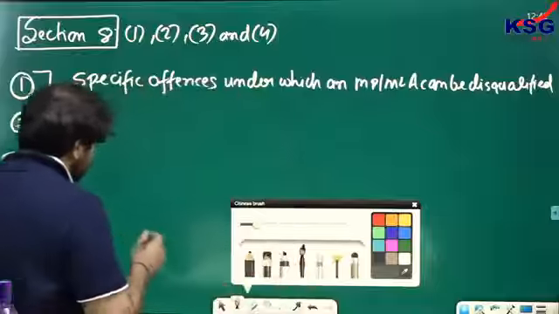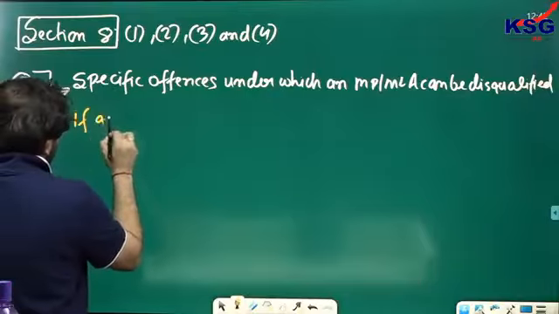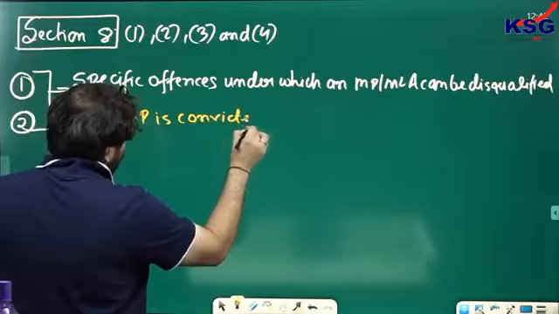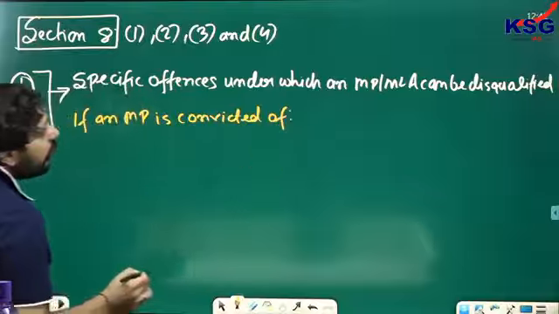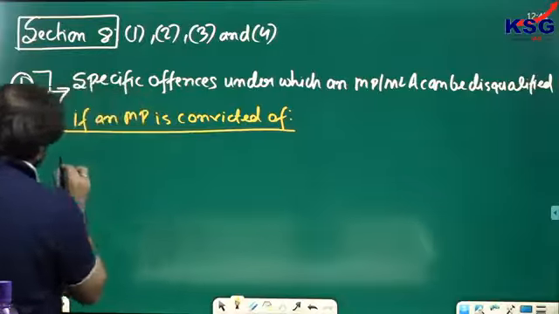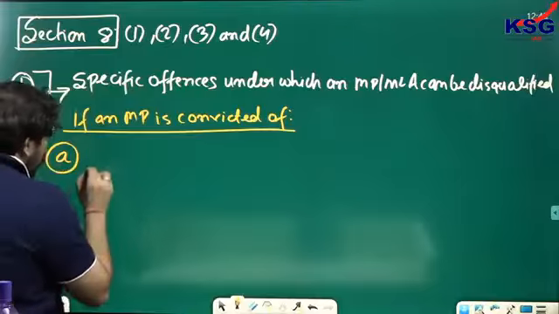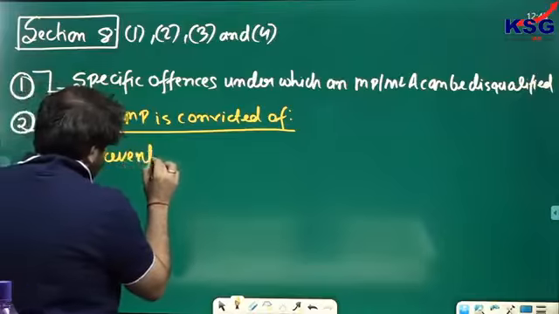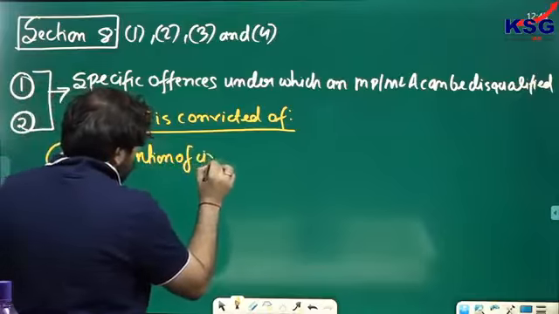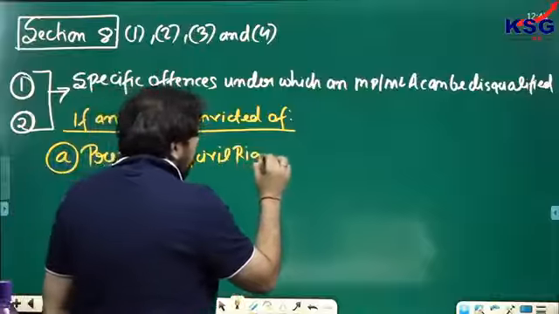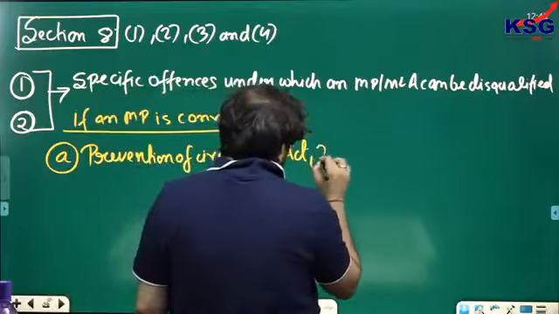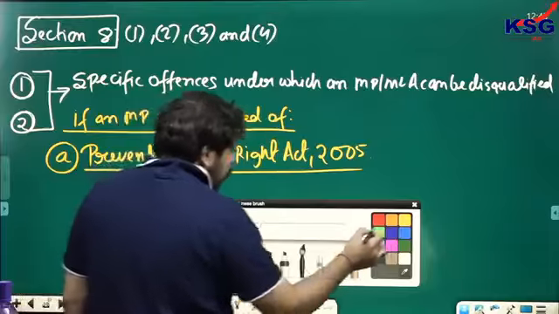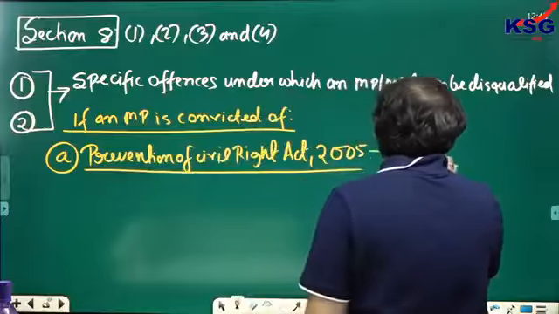So let's say for example, if an MP is convicted of, let's say for example, A, the Prevention of Civil Rights Act 2005, which deals with the crime or offense of untouchability.